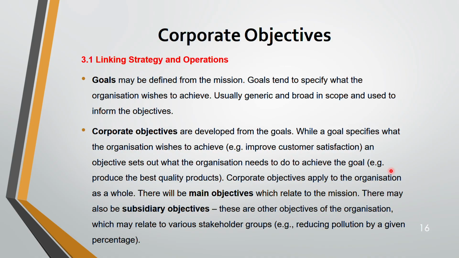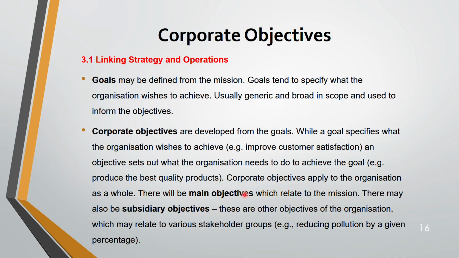It's like an action plan. For example, to improve customer satisfaction, you have to provide the best quality product, so you have to work on your quality. Corporate objectives apply to the organization as a whole. These are your main objectives, which relate to the mission.